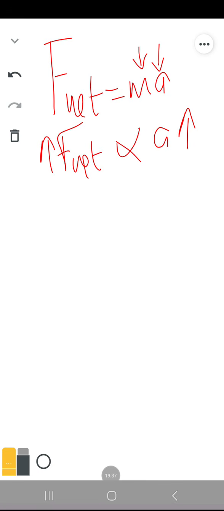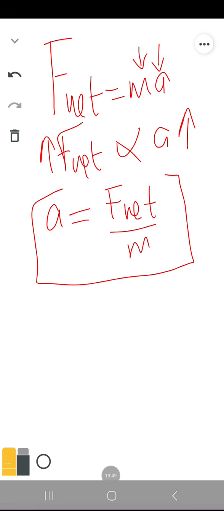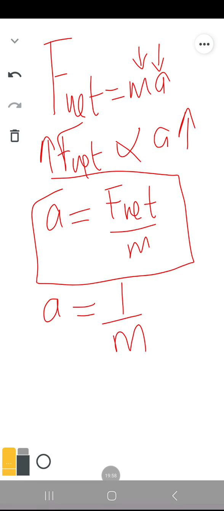To do that, let me make acceleration the subject of the formula. Acceleration will be equal to F net over mass. From this formula, you see that A is inversely proportional to the mass. So if acceleration increases, the mass will decrease. That you must know.